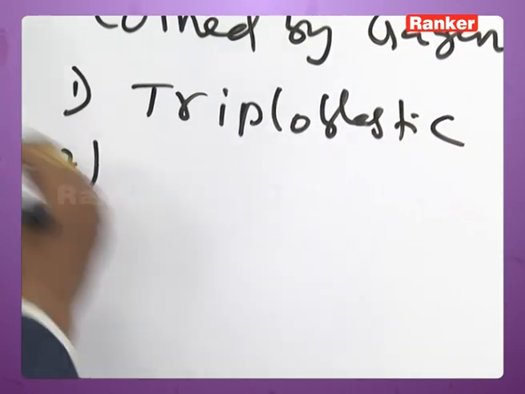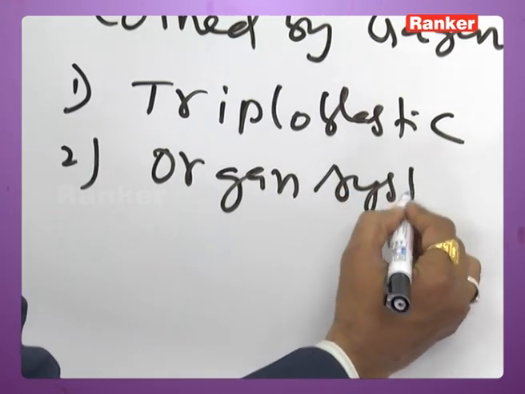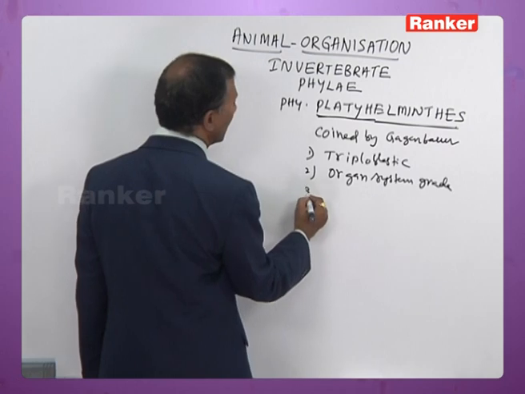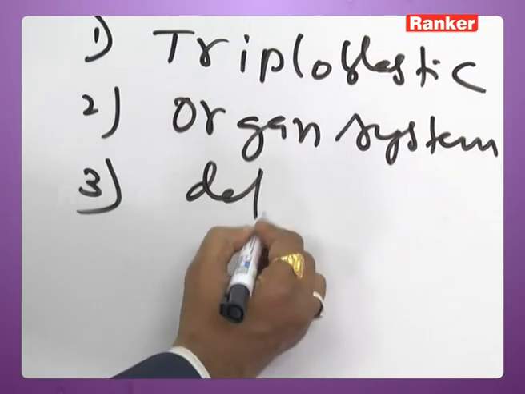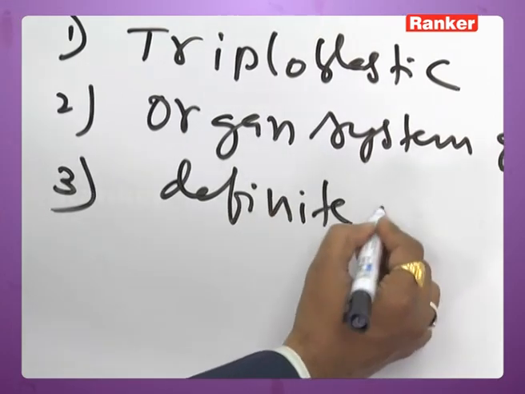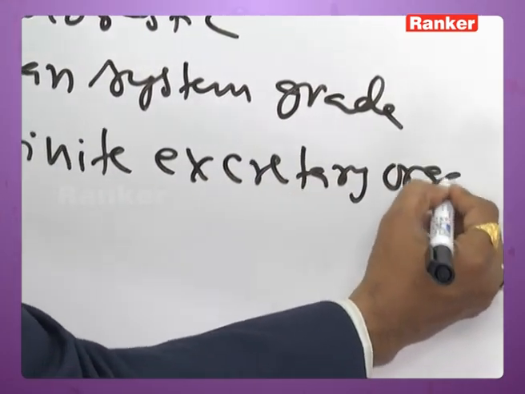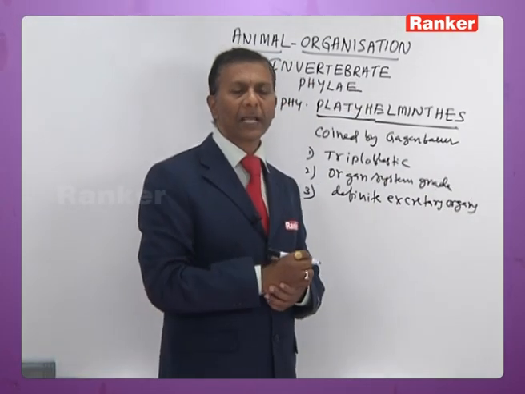Number 2, it is the first organ system graded phylum. Organ system grade of organization is noticed. Number 3, for the first time, definite excretory organs are present, because in Cnidaria and Ctenophora there are no definite excretory organs.